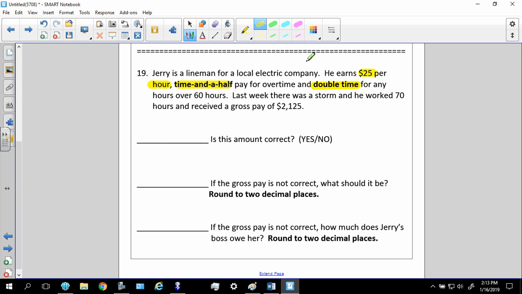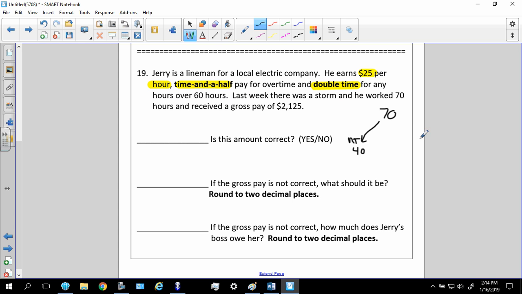All right. So let's kind of divide this up. First off, we know 70 hours is how many he worked. Regular time is 40 hours. So this is regular time, RT. And it says he works time and a half, but notice it says double time for any hours over 60 hours.